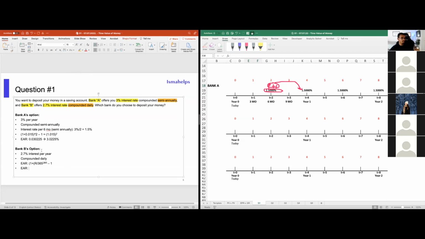What are we supposed to do here? Yeah, it's in the question. The bank offers 2.7% interest, and that interest is compounded daily.